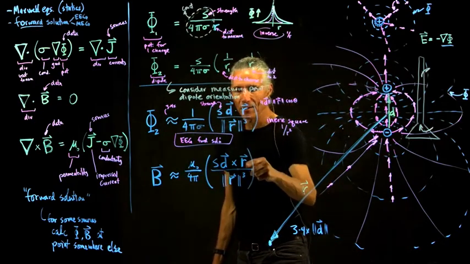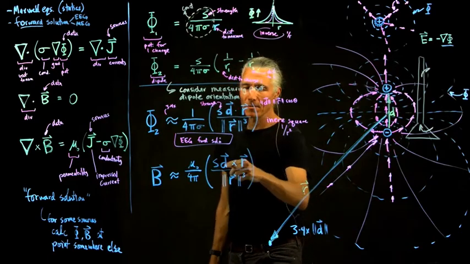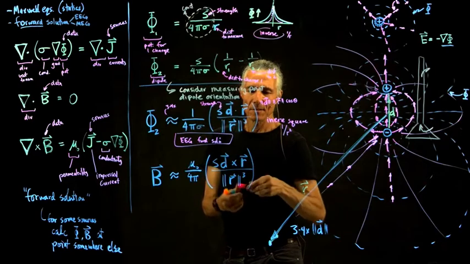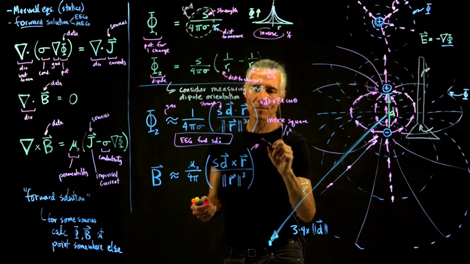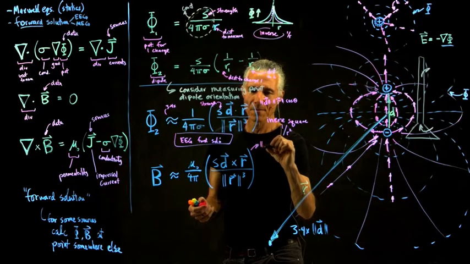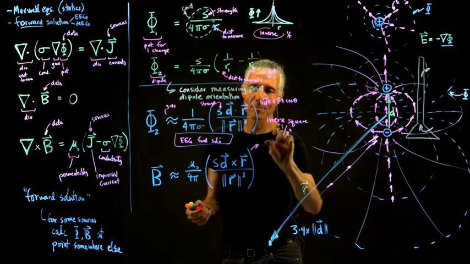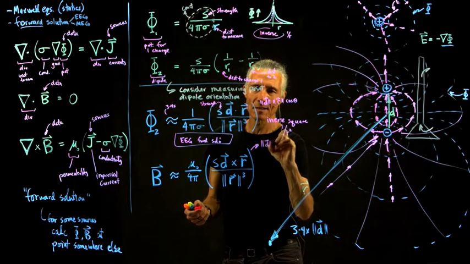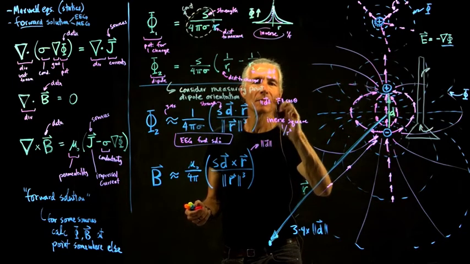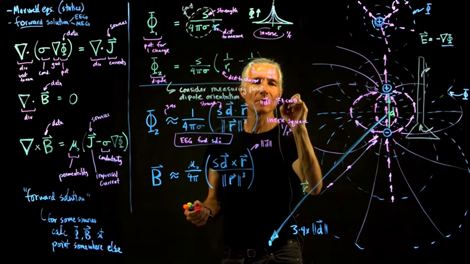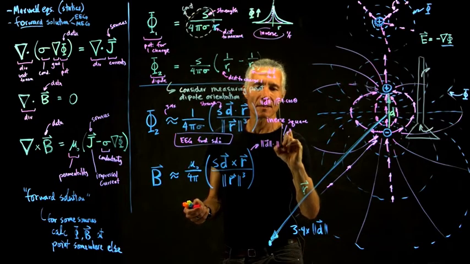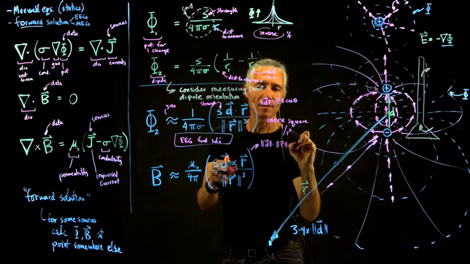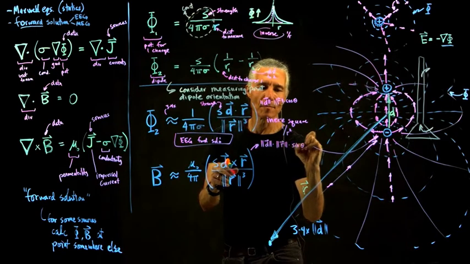But since that vector is in the numerator, remember you can change this: the length of the cross product is going to be equal to the length of those two vectors times the sine of the angle between them.